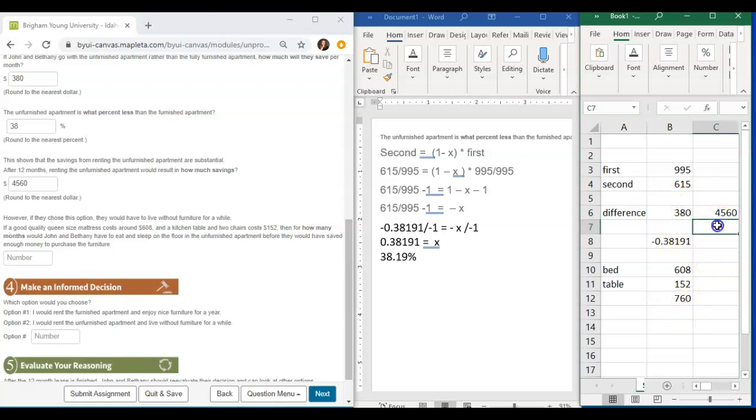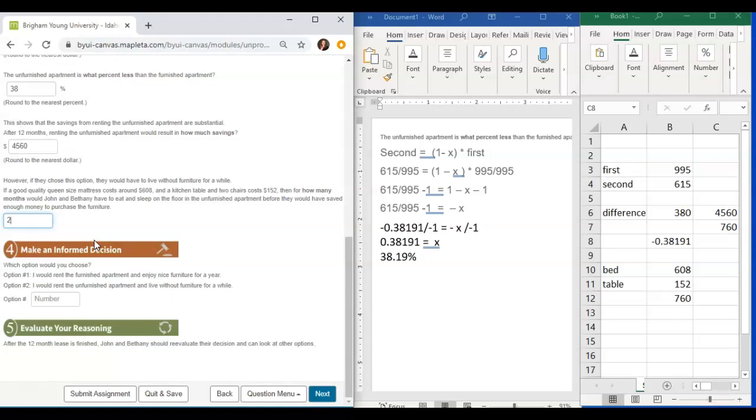So this was the whole year. I'm going to do 2 months here. Equals 380 times 2 months gives me 760 exactly. So they only have to wait 2 whole months before they have enough money to pay for a bed and a table. All right.